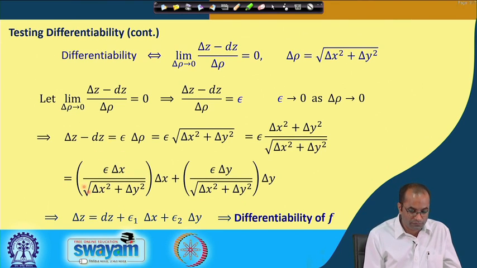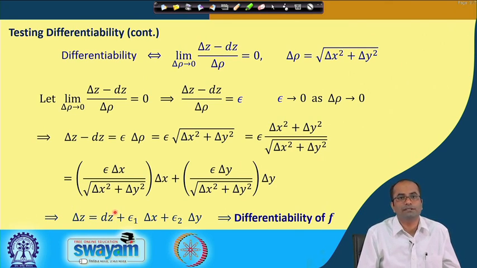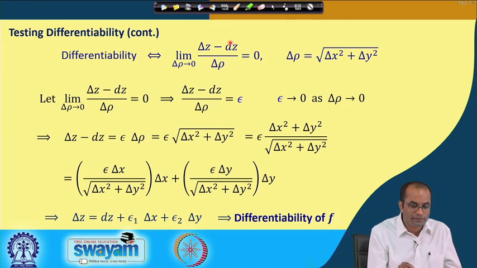So this will go to 0, this will also go to 0, and we have written delta z in terms of dz plus epsilon 1 delta x plus epsilon 2 delta y, and that is precisely the definition of differentiability.